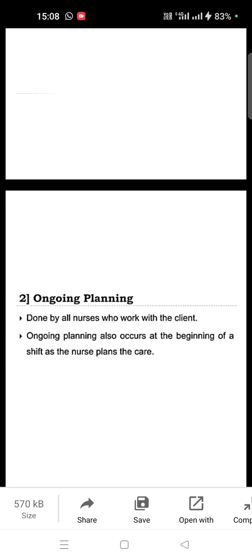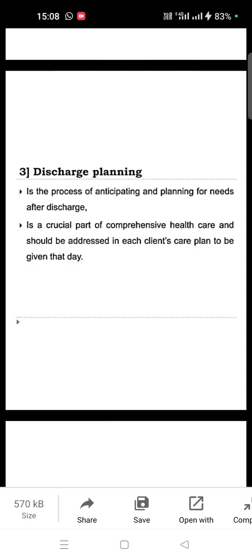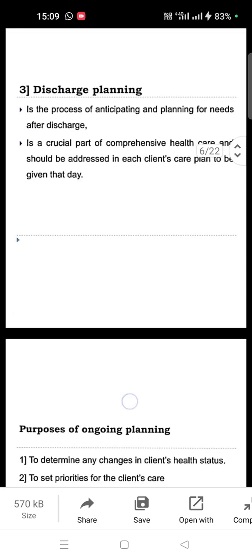Ongoing planning occurs by the shift nurse who plans the care. Discharge planning means that after everything the patient is comfortable and has resolved all the health problems. That process is anticipating and planning for the needs after discharge. It is comprehensive health care and should be addressed in each client care plan given that day.